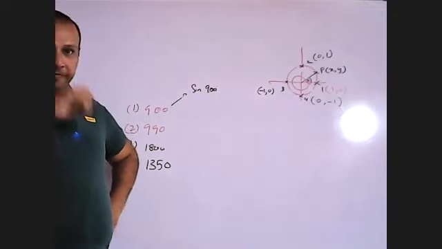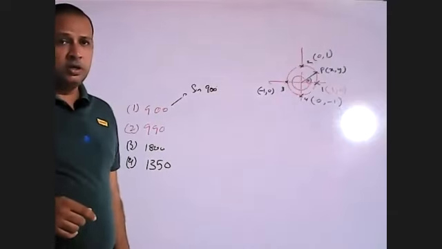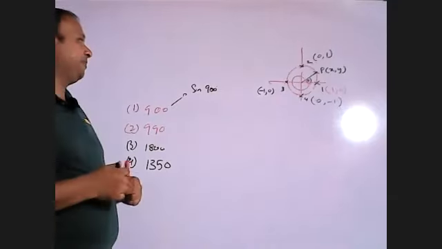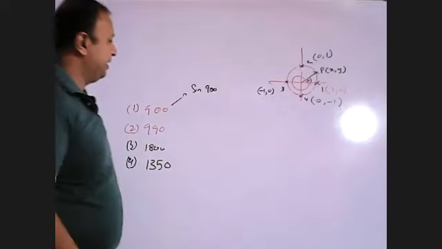Yes. So cos 900 is -1. Tan 900 is infinity. Okay, shall we check?